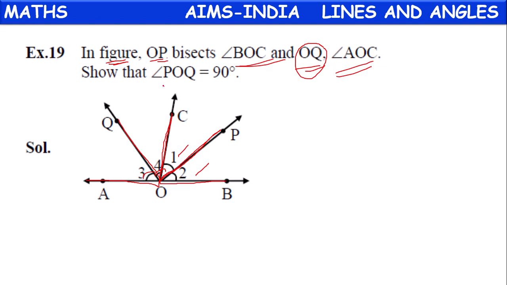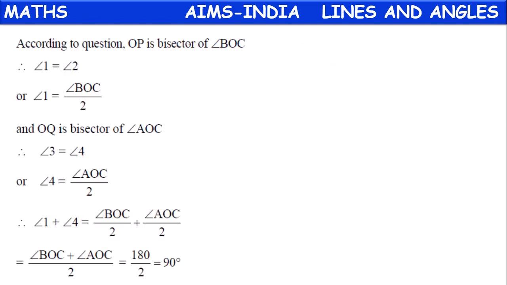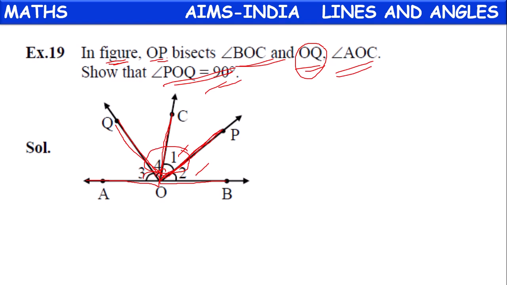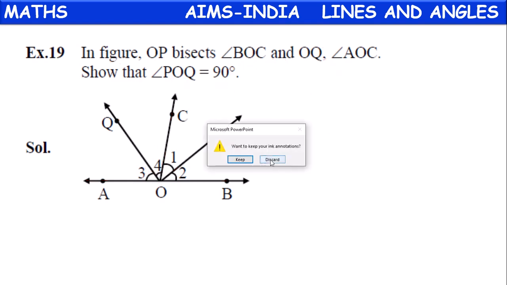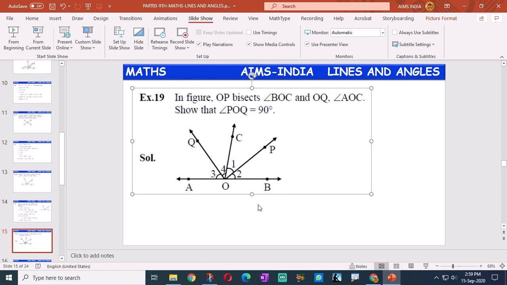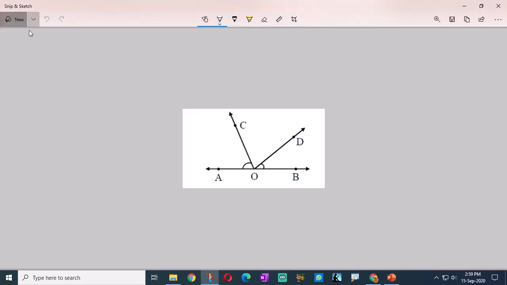Then show that POQ, which means 1 plus 4, equal to 90 degrees. One minute, children. We have to prove it equals 90 degrees.